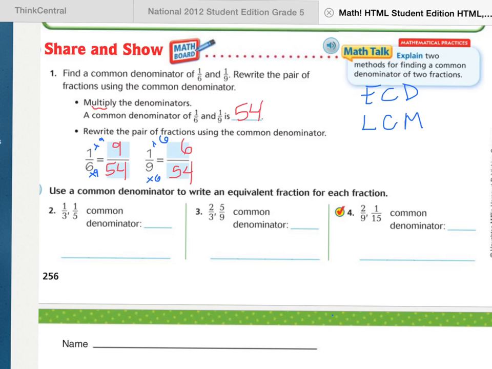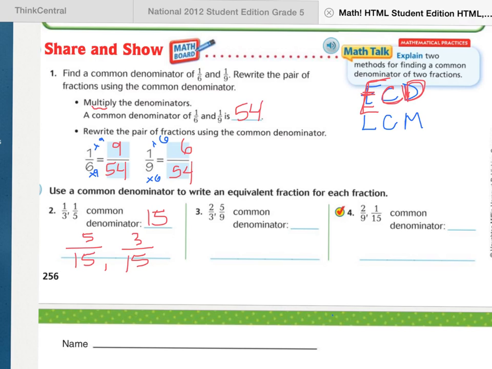As I show possible answers for the share and show, I will tell you whether I used the easiest common denominator by multiplying or the lowest common denominator using the lowest common multiple, because you'll see that sometimes one is better than the other. If I use the ECD, I will have it in red, and if I use the multiple, it will be in blue. And I will also show you the factor tree that I used.